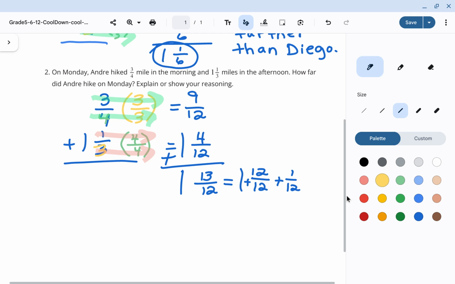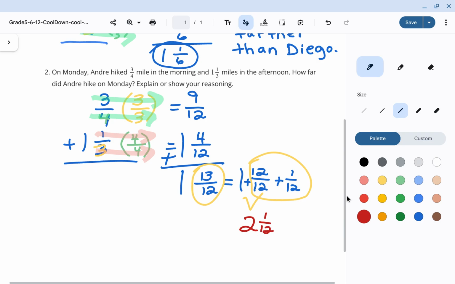Do we see this moment right here, boys and girls? 13 twelfths is the same as 12 twelfths plus 1 twelfth. So now I can join those together to create 2 wholes because 12 twelfths equals 1 whole. And we have an additional 1 twelfth.